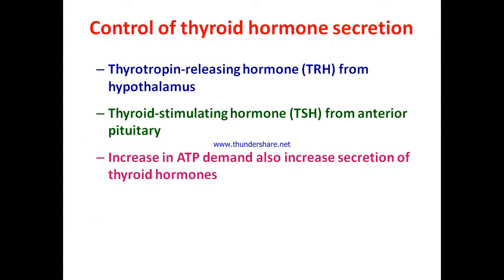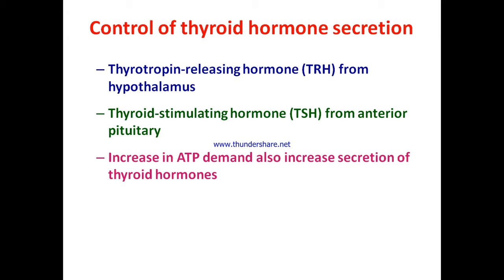How is the thyroid hormone controlled? Thyrotropin releasing hormone from the hypothalamus controls thyroid hormone secretion. And thyroid stimulating hormone from anterior pituitary also controls the secretion from thyroid glands. In addition to these two hormonal controls, increase in ATP demand also increases secretion of thyroid hormones.